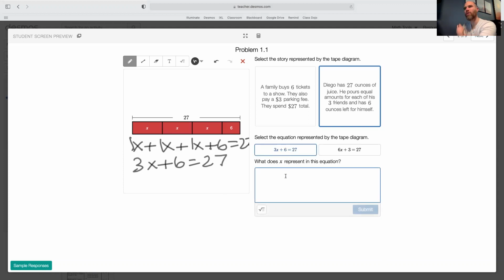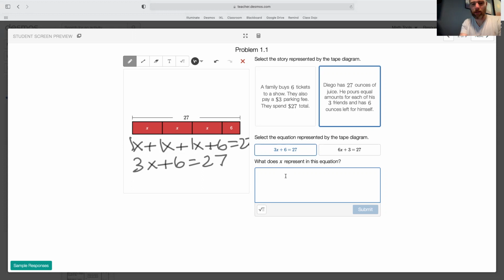What does the x represent in this case? So it's our unknown, right? What they're asking us to do here is define the variable. Anytime you're using a variable in some math, or especially where you've got a word problem, you need to understand and be able to say and show it on your paper somewhere what that variable represents. Not just the number it equals, like when you get the solution, but what quantity from the problem it is supposed to hold a place for.